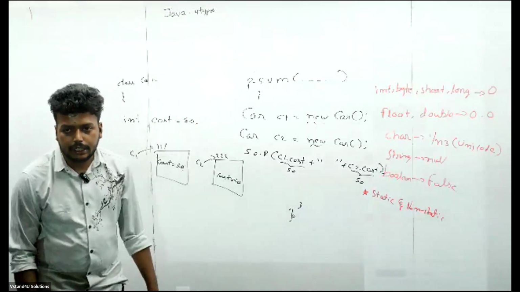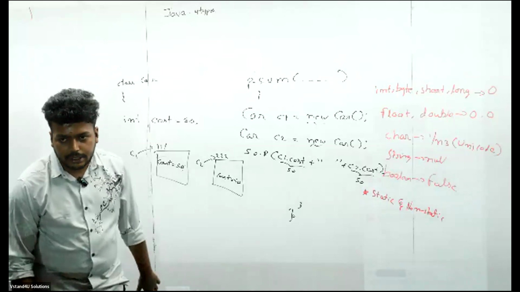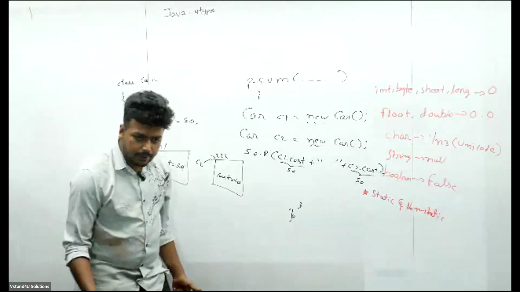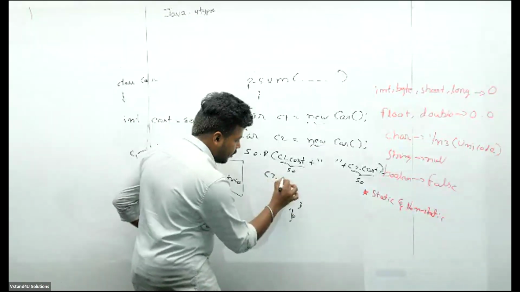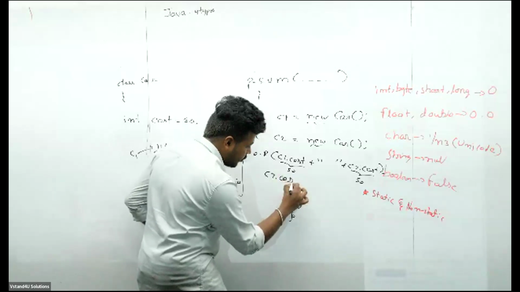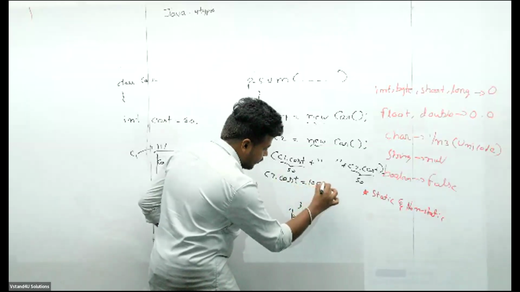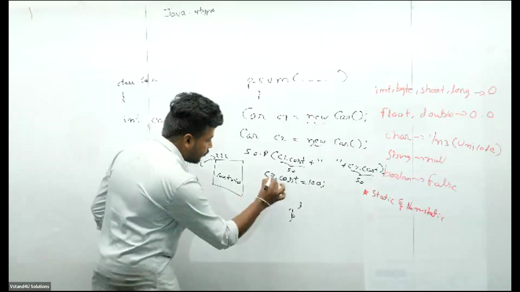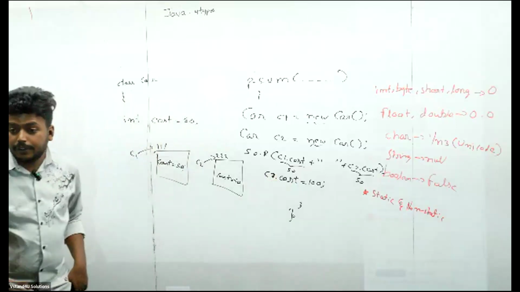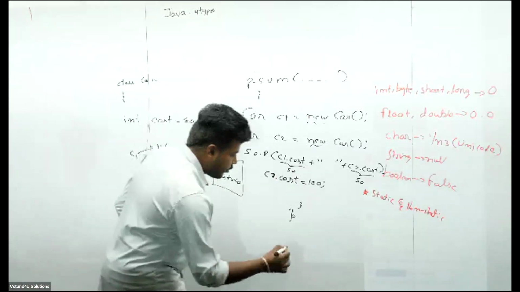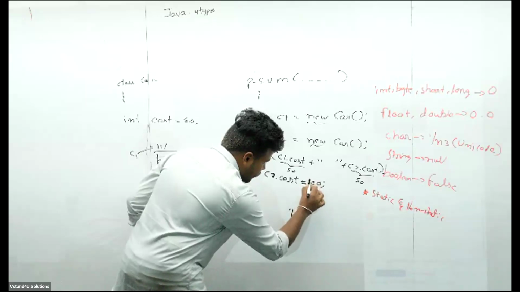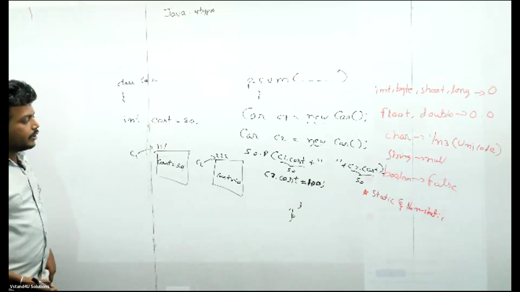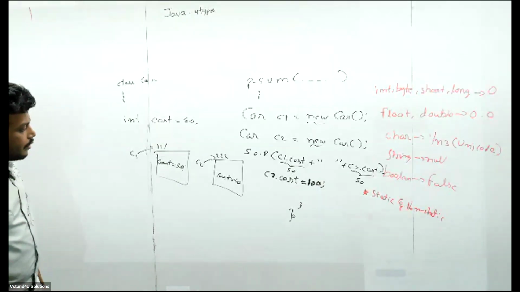How to reinitialize? Afreed, concentrate here. C2 dot cost is equal to 100.